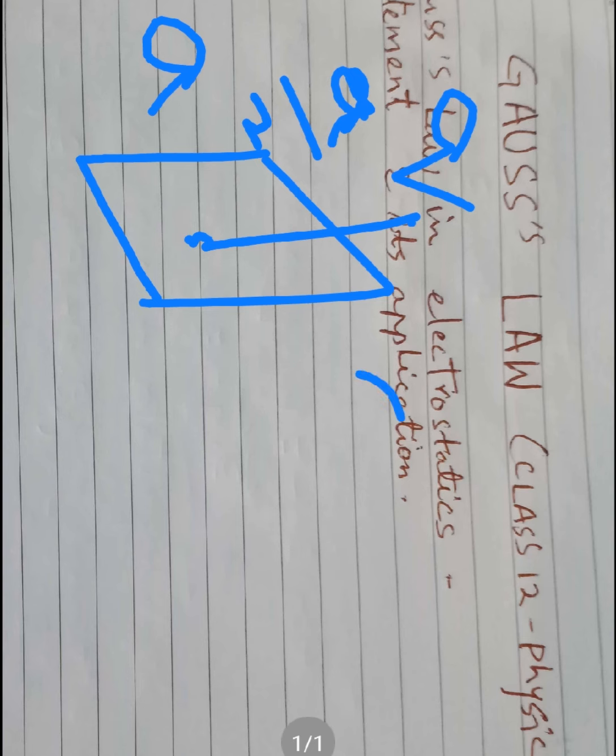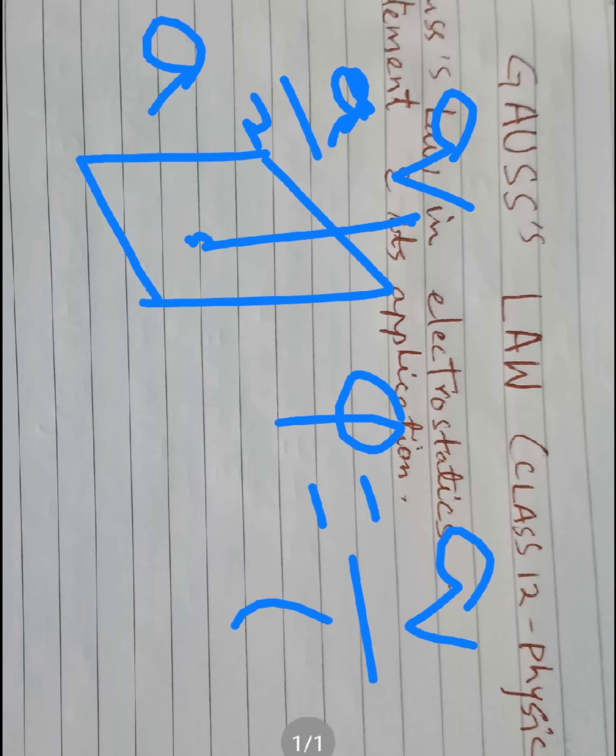So total flux phi in this case will be Q upon epsilon naught for all 6 faces. Hence flux phi dash, I put dash, for one face of this cube is equal to Q upon 6 epsilon naught. So if there is an open face, make it a closed surface and then find the flux. So for one face it will be Q upon 6 epsilon naught.